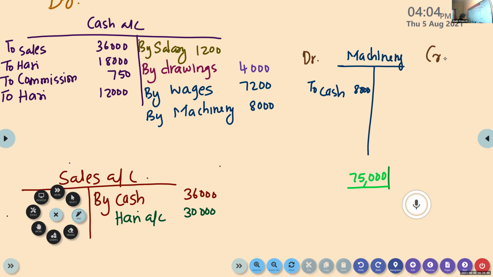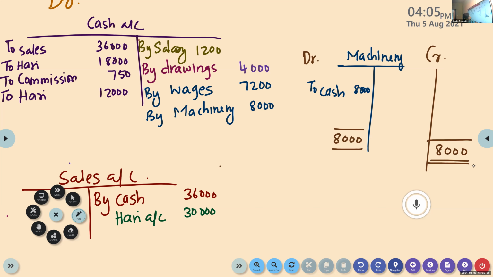So how to balance this? Listen everyone. Look onto the board. Machinery account, we have it only on the debit side. So what is the total? It is 8,000 only. This side also we'll write 8,000. There is nothing on the credit side, so there is nothing to reduce.